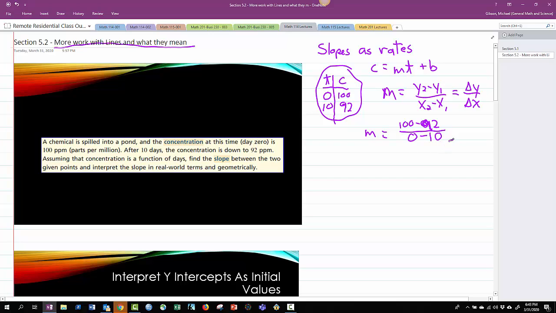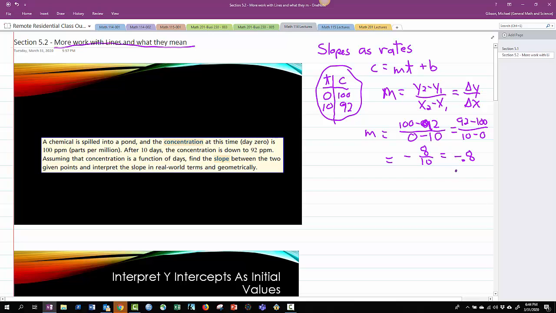You might want to argue why I put those numbers first. They just have to match up. This could have been 92 minus 100 over 10 minus 0. Whichever one you make 2 and whichever you make 1, just be consistent. However we cut this, we're going to get an answer of negative 8 over 10, which is negative 0.8.